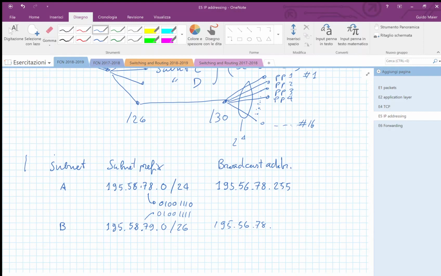We are in a slash 26, so we have a block of 64 addresses. The broadcast address is always the last one of this block, and these 64 addresses go from 0 in the last byte to 63 in the last byte. So you can immediately write the address.